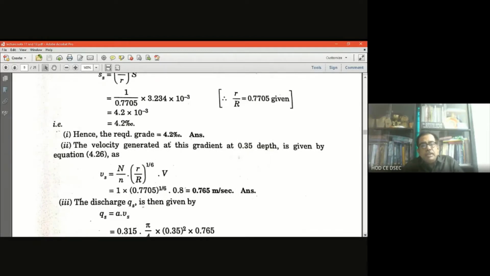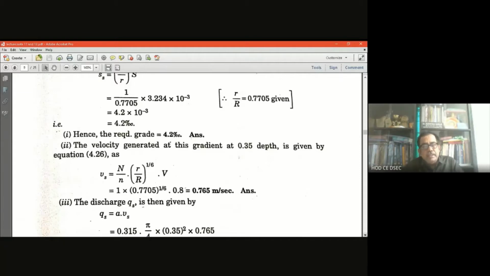Now the velocity generated at the gradient of 0.35 is given by, again the formula is Vs equal to capital N by small n, small r by capital R into capital V. This velocity expression we get by dividing the two aspects, one for the full sewer flow, another for the partial flow.